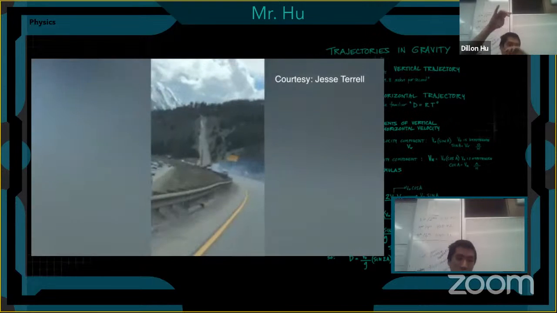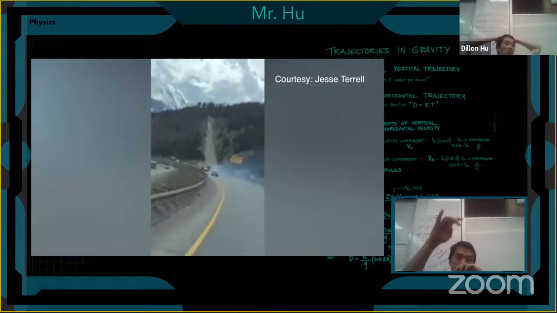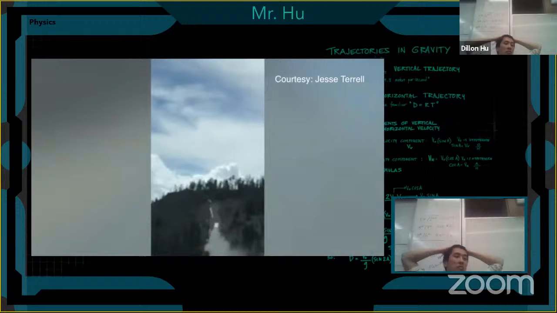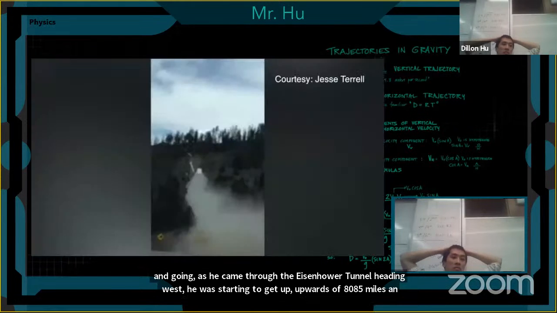Jesse Terrell knew something was wrong. The smell was horrible. Just that burning rubber, and that's when I kind of knew, oh, his brakes are now gone. Watching this truck climb a runaway truck ramp, swerving all the way to the top. His trailer was doing this all the way up, and I was pretty impressed with how he kept control.